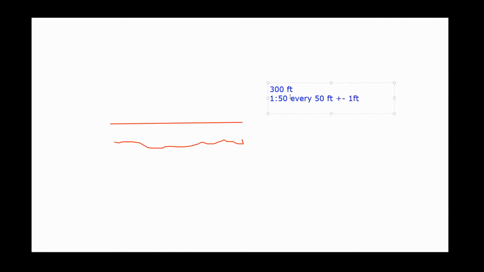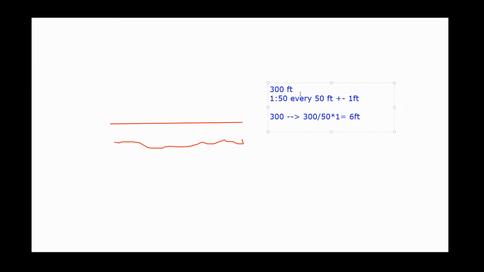In other words, in the 300 feet, this could be off by 300 divided by 50 multiplied by 1. So it will be off by 6 feet.